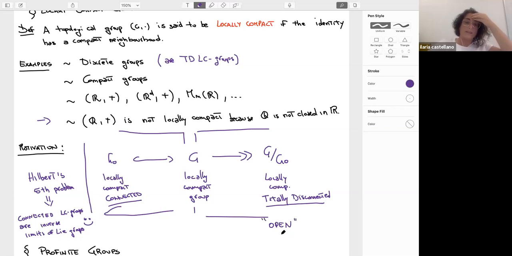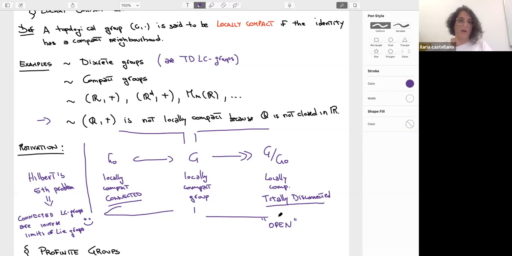totally disconnected case. I have to say that for years the theory of totally disconnected locally compact groups remained stagnant. We had some breakthrough at the end of the 90s, and now the progress made with the general theory is huge.